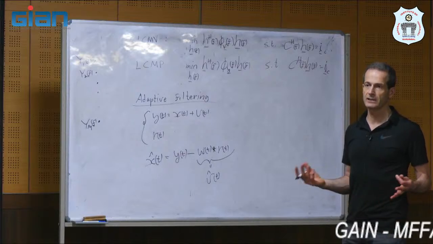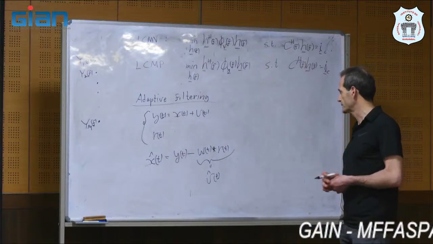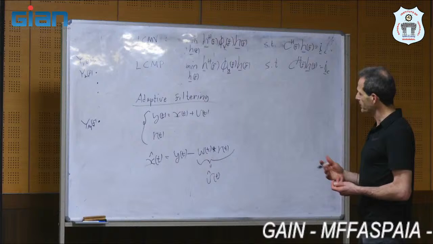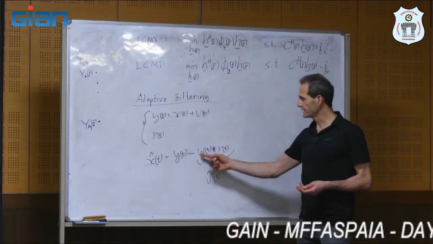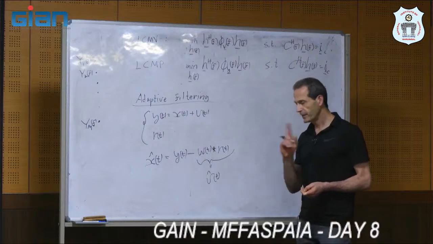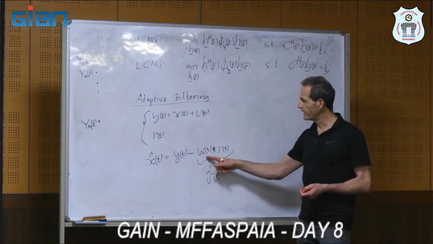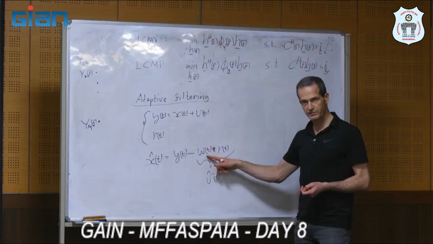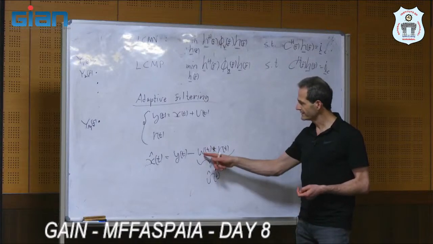Sometimes if it's not successful, we need to find out why it's not successful. But something like that is called adaptive filtering. Okay? And the thing is, how to find the optimal filter here. So what is the optimal filter?